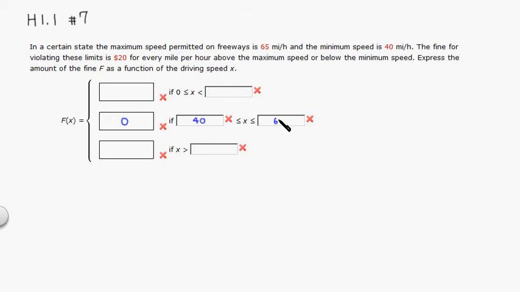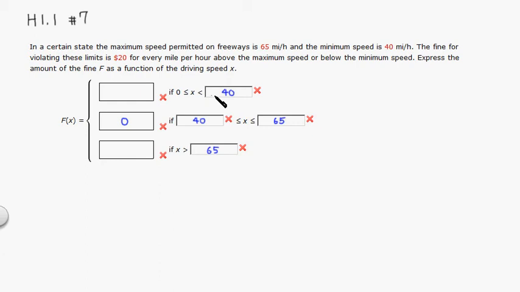Then it's a violation if you're going too slowly, so under 40 miles per hour, and it's a violation if you're going over 65 miles per hour. So we have that.